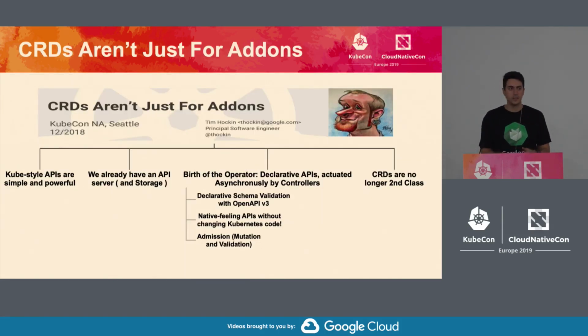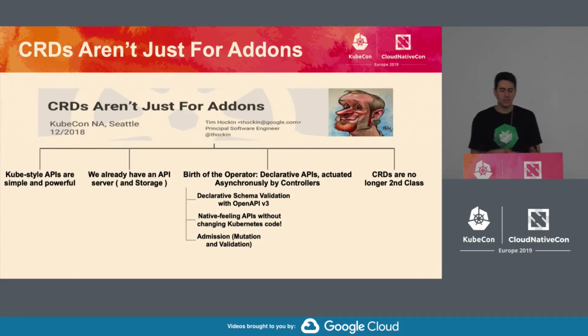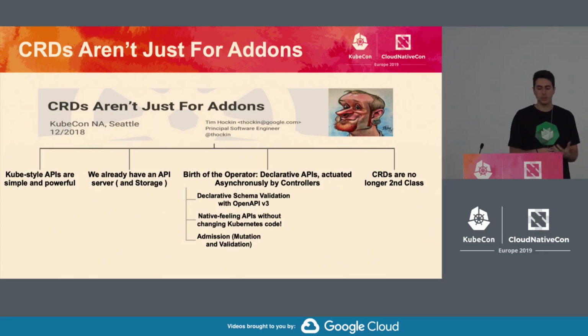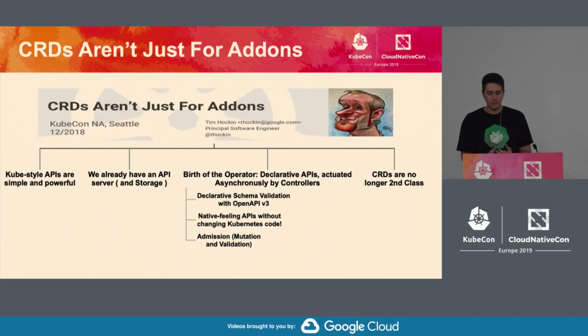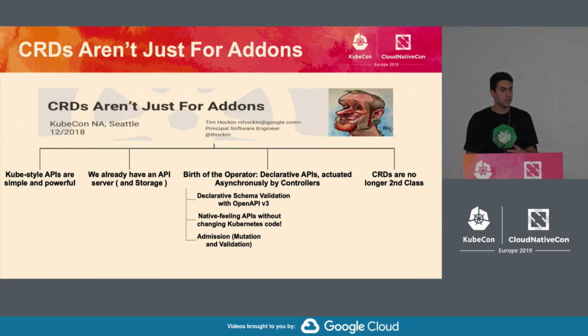Enter CRDs. If you were at the previous KubeCon in North America, there was a great talk given by Tim Hockin, and I hope he doesn't get angry that I showed his GitHub logo here. He talked about how CRDs went through an evolution cycle from being just third-party resources in Kubernetes to CRDs, which are more mature, so you get the API server and storage for free.